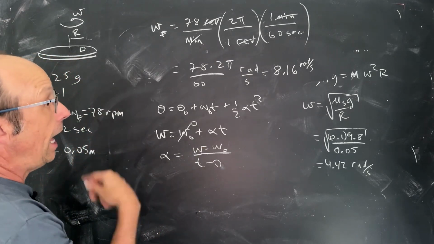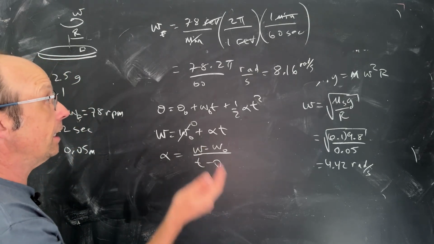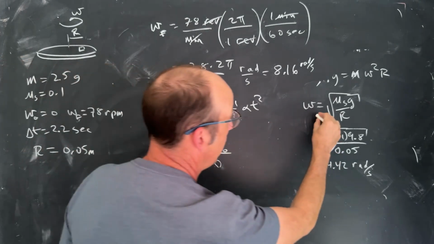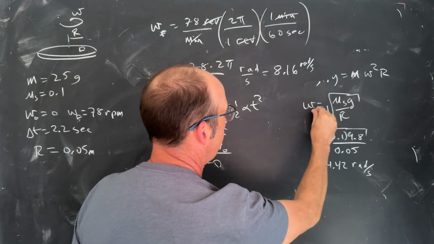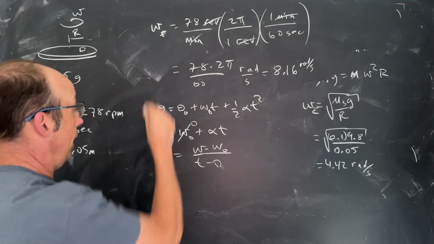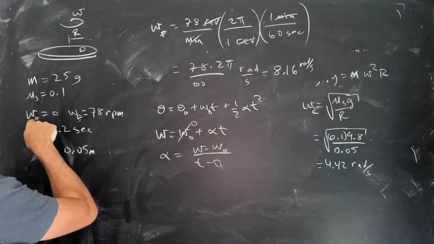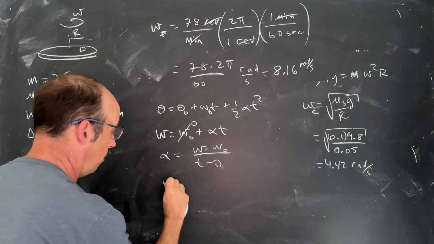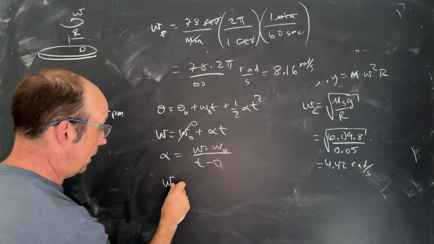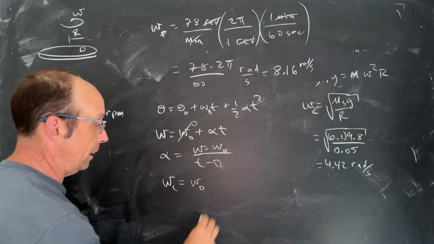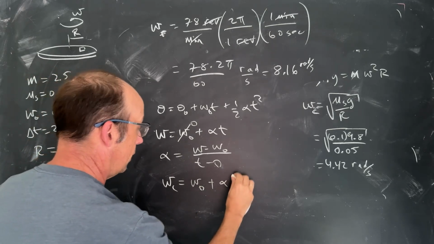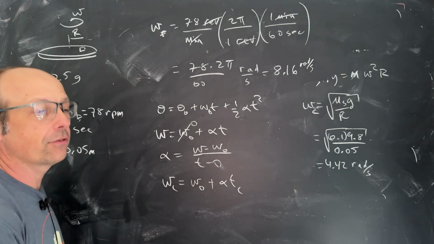I can find out how long it takes to get to this. So let's call this omega f. No, that's for fall. Omega c for the coin, and this is omega f. Now I'm going to start at angular velocity of 0. So the final omega c, that's when it falls off, is going to be the starting angular velocity, omega 0, plus alpha times tc, the time it takes the coin to fall off.